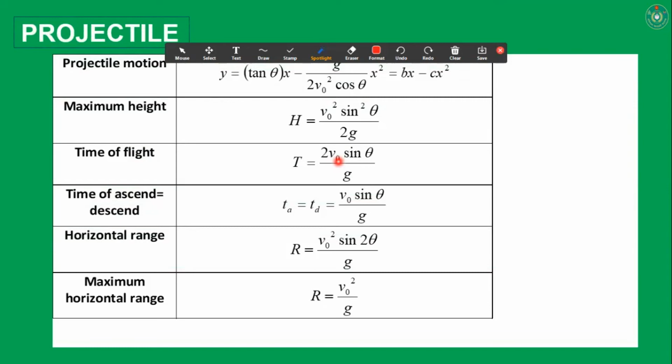My dear boys, look at this equation at a glance.